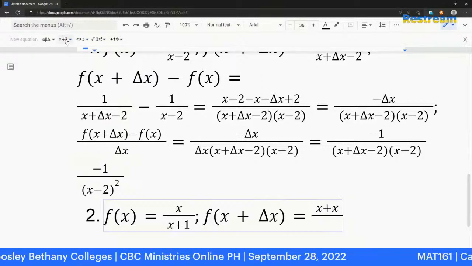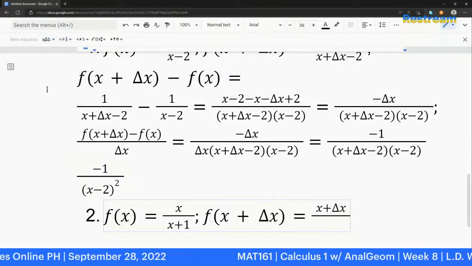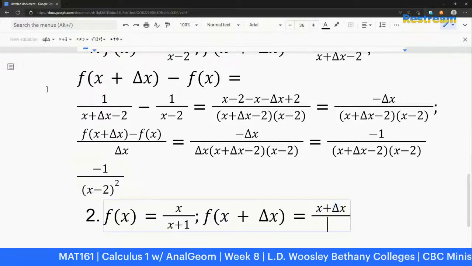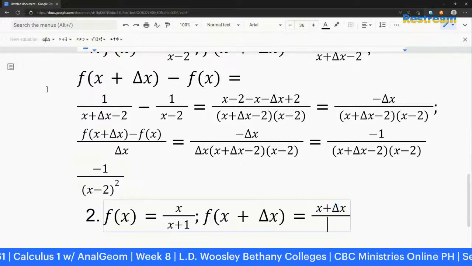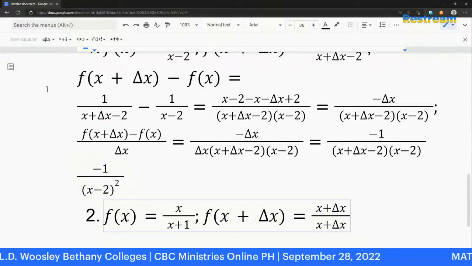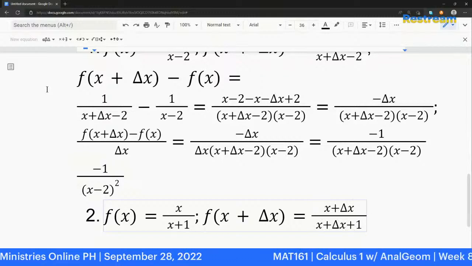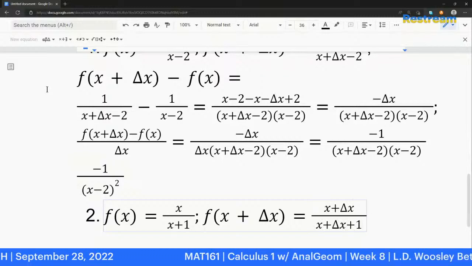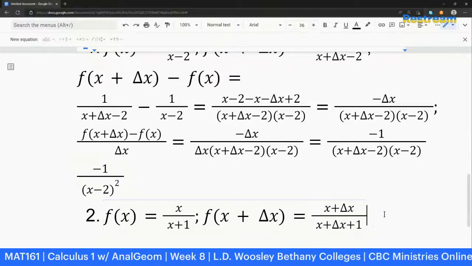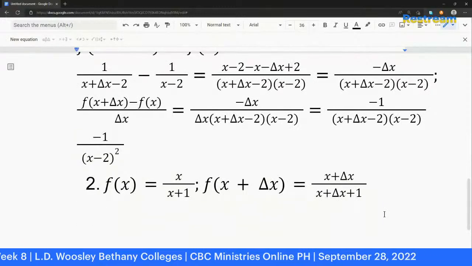Hindi insert ko dun. Okay, so we have here x plus delta x plus 1. Okay, I suppose that's your f of x plus delta x. Then we will subtract. Okay, we will subtract them.